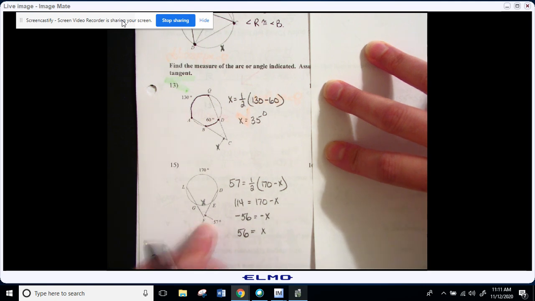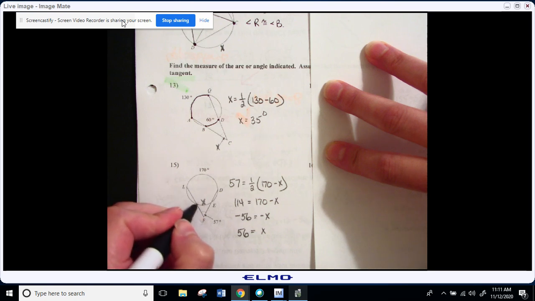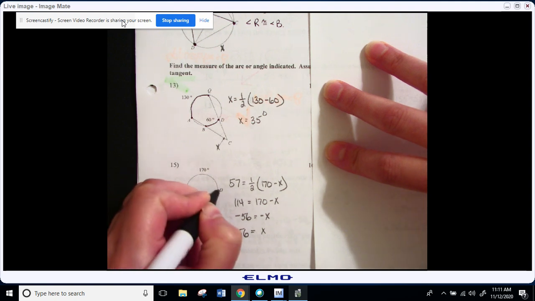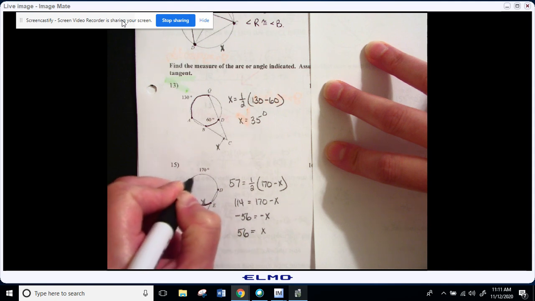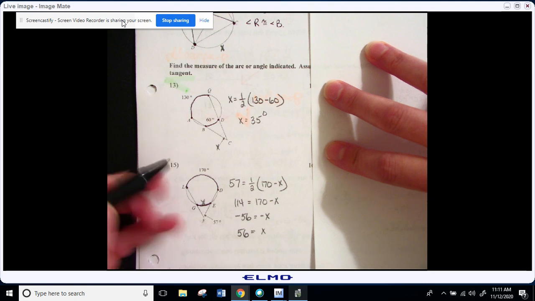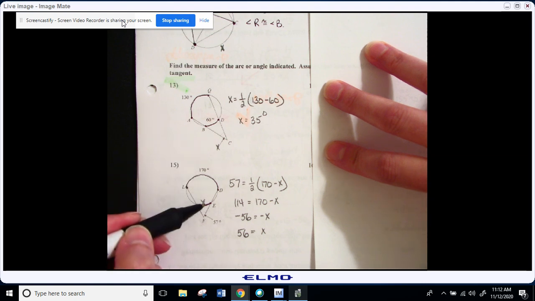Outside again. Where does that touch? It touches right here. So there's my first unknown, which is what I'm trying to find, x. And then it touches again at the L and the D. And that opens up to this arc here that's 170. So the math would be 170 minus x divided by 2 equals 57.